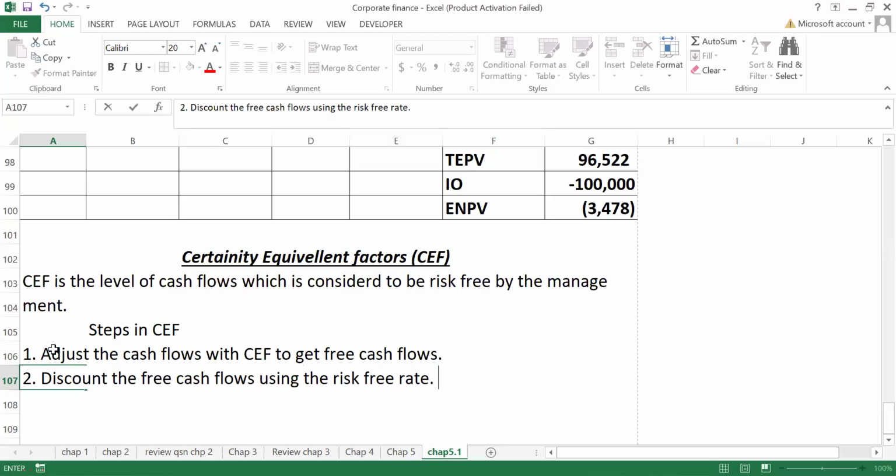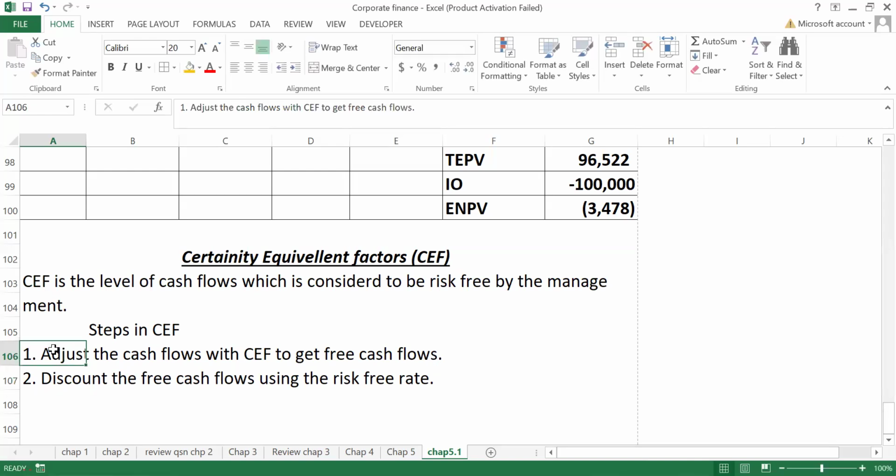After adjusting your cash flows with the certainty equivalent factor, then discount those cash flows using a risk-free rate, because you now have cash flows which are risk-free. So you should discount those cash flows using a risk-free rate.